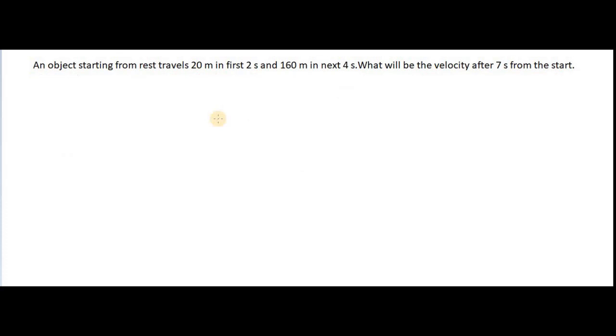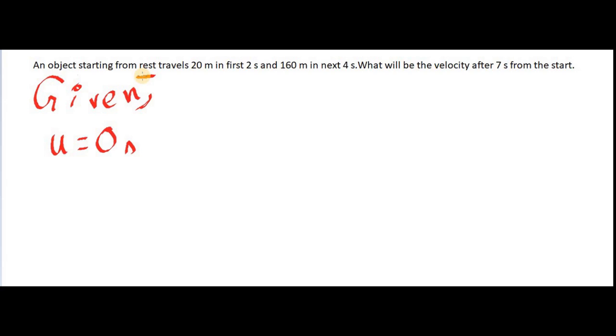Okay, so now let's write the details that have been given to us from the question. We'll write it as given. First, u, that is initial velocity, is 0 because we have been given that it started from rest.